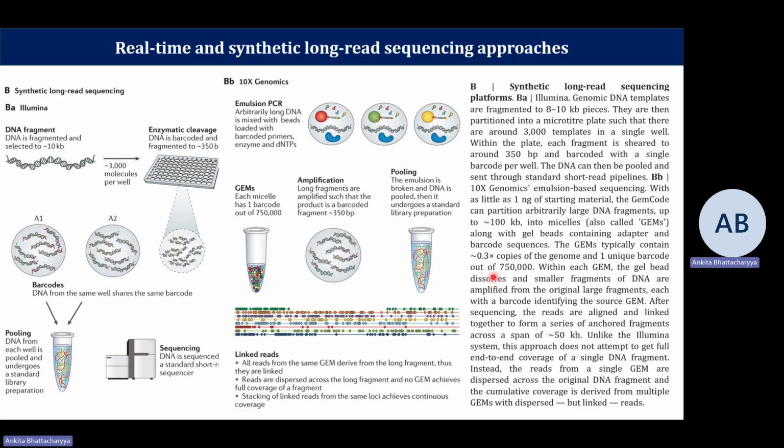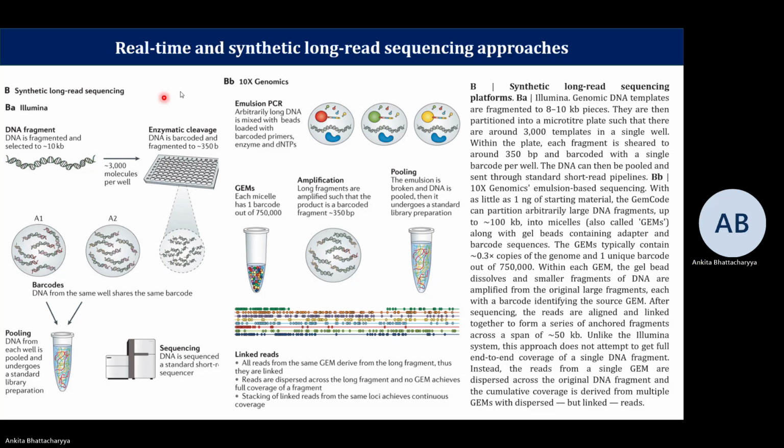And 10x Genomics also involves something similar. It simulates the readout that you would get from real long read sequencing, but instead of spending that much money, it does so artificially by linking these reads close to each other.